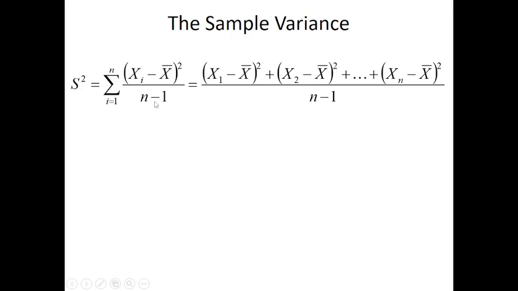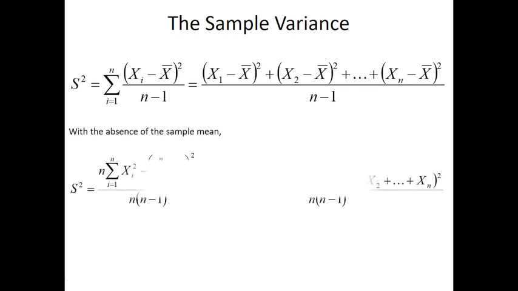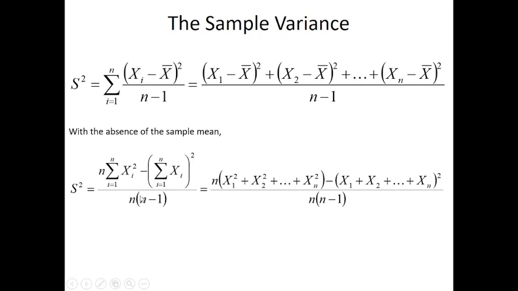So this is the formula: x sub 1 minus x bar squared plus x sub 2 minus x bar squared, and so forth. So with the absence of the sample mean, this will be the formula.